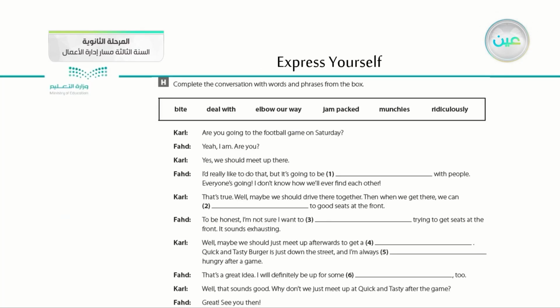Now let's go to page 50 in the workbook. We have here an exercise, exercise H. Complete the conversation with words and phrases from the box. We have six words and expressions in the box, and you are asked to put them in the suitable blanks.